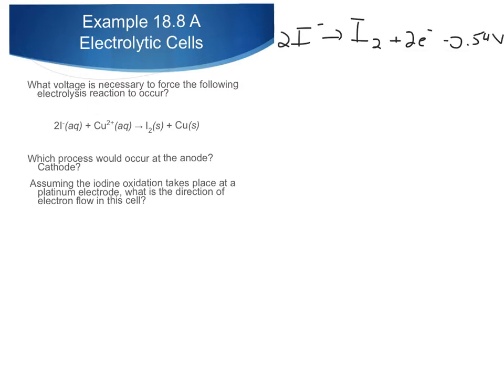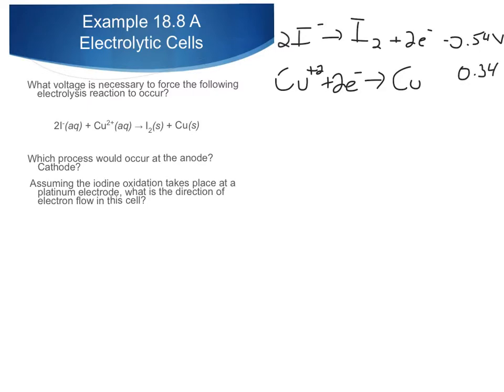Okay. We also have, and this is just the way they gave it to us, Cu2 plus plus 2 electrons turning into solid copper, and that comes out to a positive 0.34 volts.